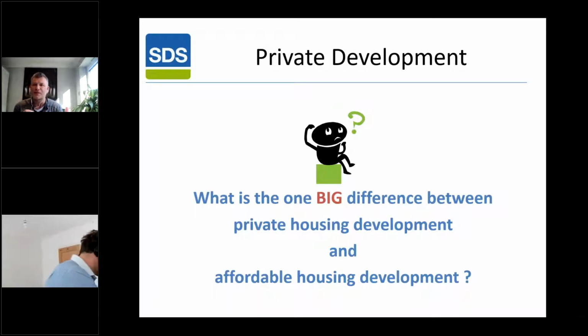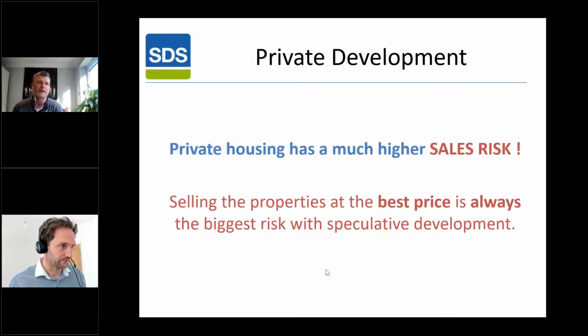What is the main difference between private housing development and affordable housing? Although yes, this has changed over the years. A lot of affordable housing developers are doing land-led schemes, outright sale, shared ownership, etc. But the main difference is the exposure to sales price.